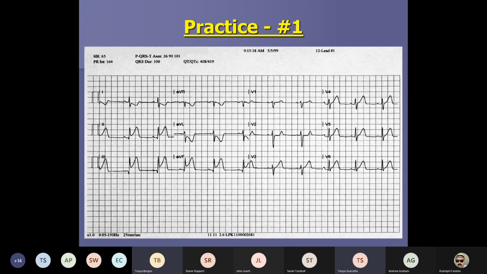Lead I, aVL. Lateral and septal leads. When you say septal, what leads are you referring to? That would be V1 and V2. Okay, V1 and V2. So let's look at lead V1 and V2.